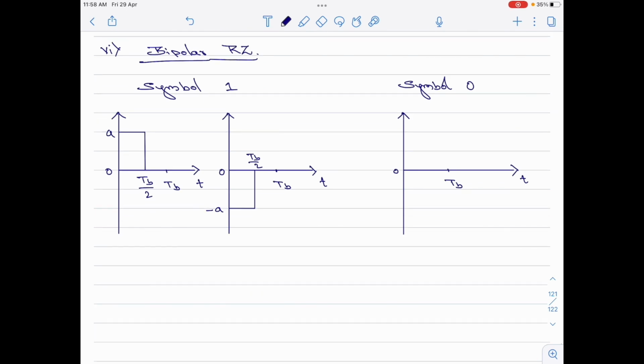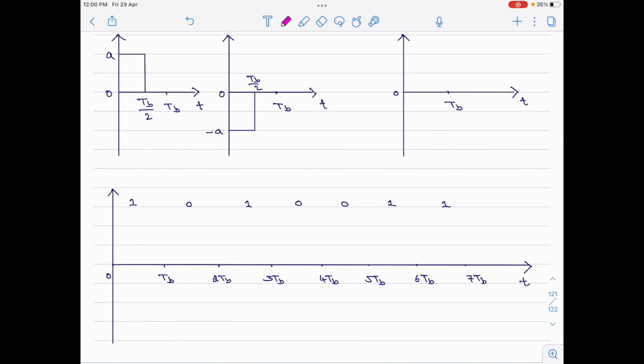Let me now plot the waveform. Okay. The first bit is a bit 1 here. So, for representing bit 1, when it appears for the first time, we transmit a pulse of amplitude plus A and duration TB by 2. And for the rest of the bit duration, we transmit 0.